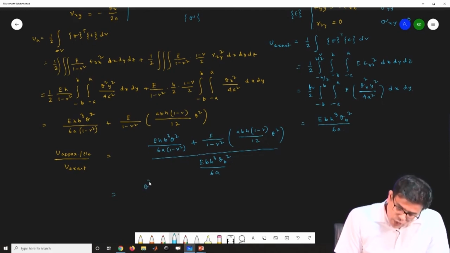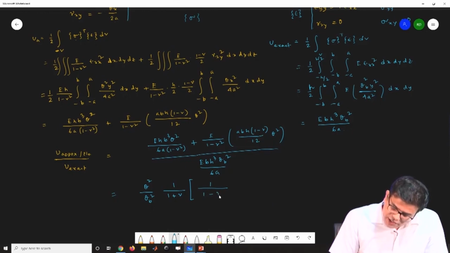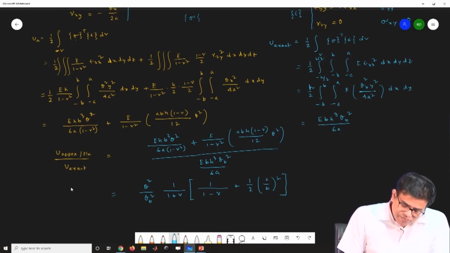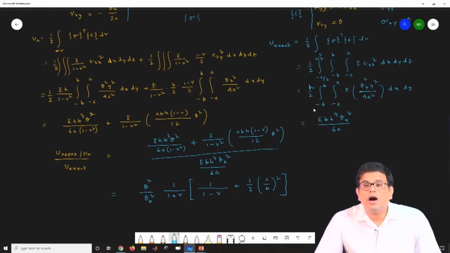θ² by θ_b² is 1 by (1 plus ν) into [1 by (1 minus ν) plus half of (a by b) whole square]. This is my U approximation by U exact.